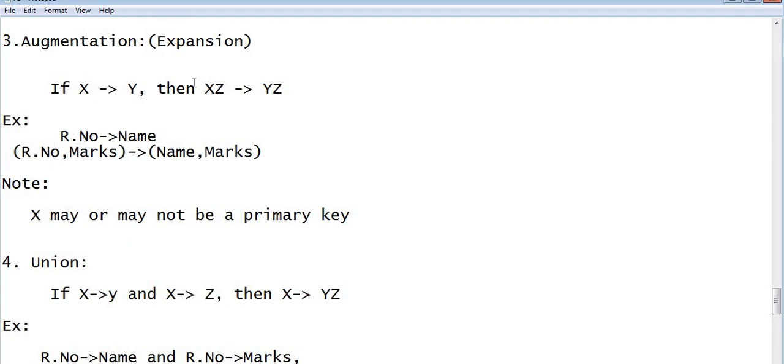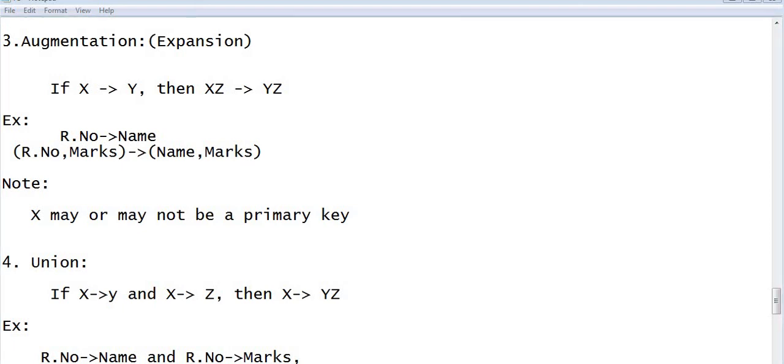Suppose you take the second part, roll number comma marks. Here X is not a primary key. Roll number is a primary key, but marks is a non-prime attribute. So X may or may not be a primary key in any relation.